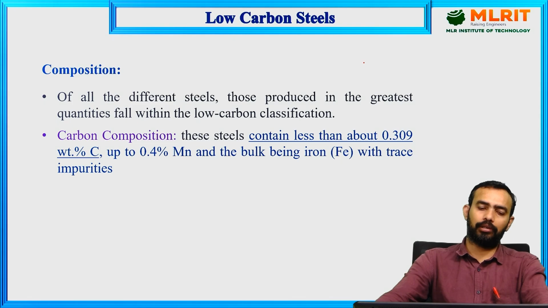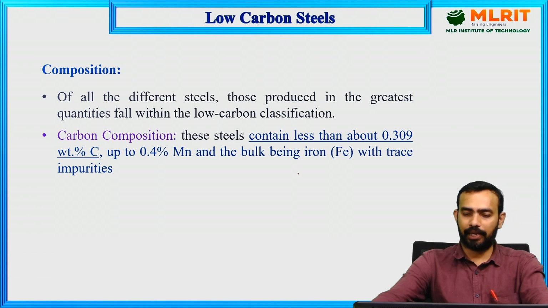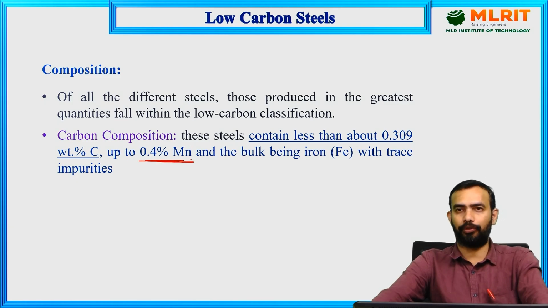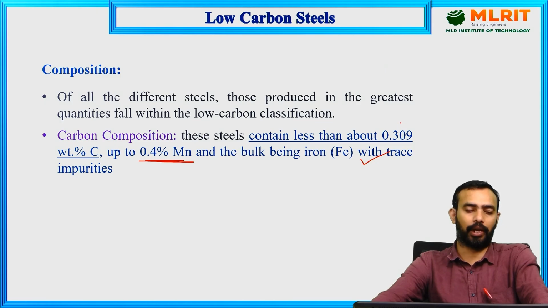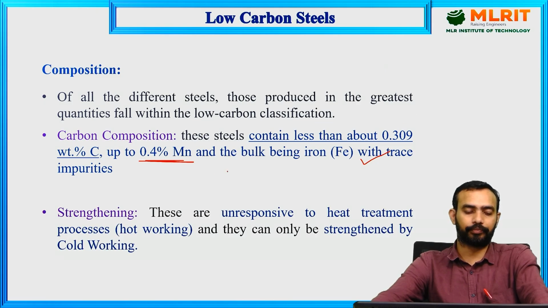The carbon percentage in the iron is less than about 0.3 weight percentage of carbon, and there is a small presence of manganese up to 0.4 weight percentage, and the remaining bulk will be iron with traces of impurity. This is the composition of low carbon steels. It is less than 0.3 weight percentage of carbon.